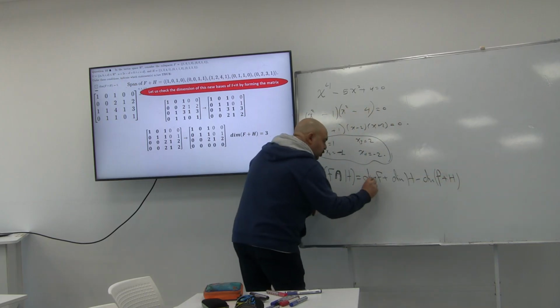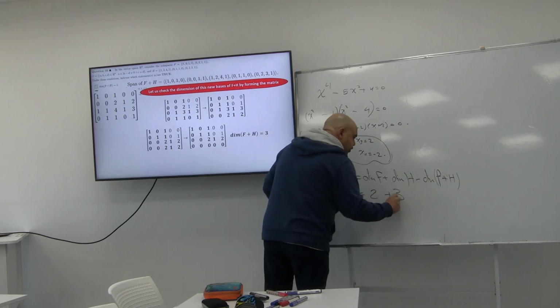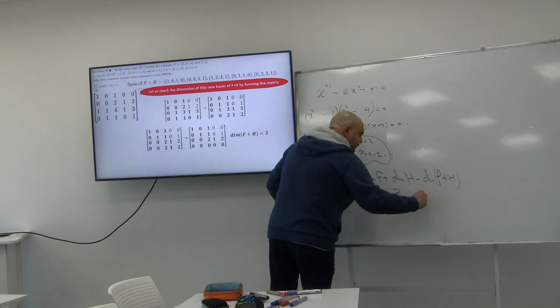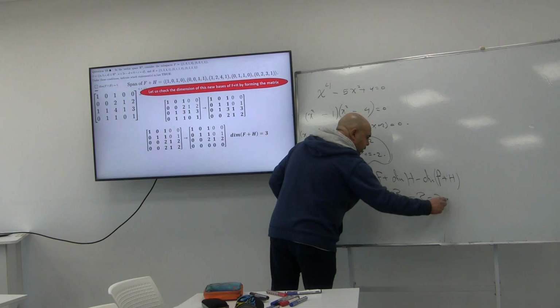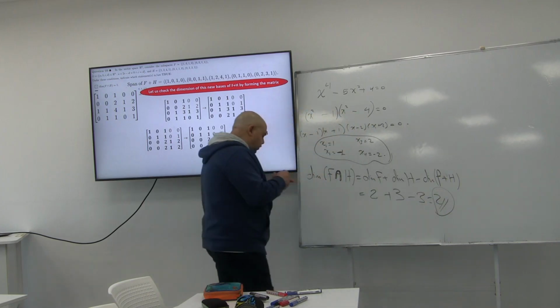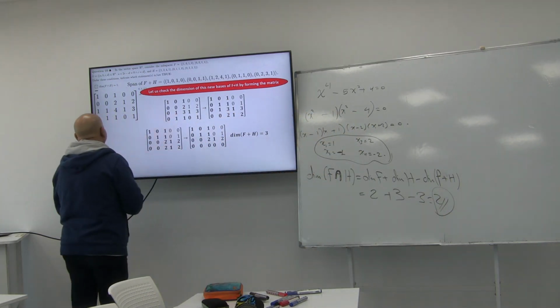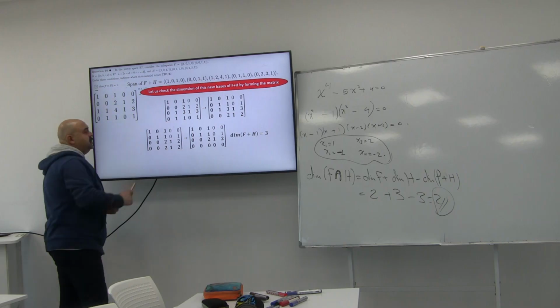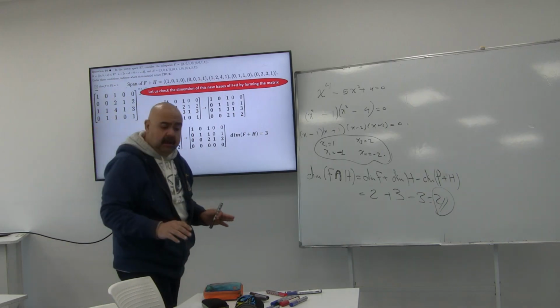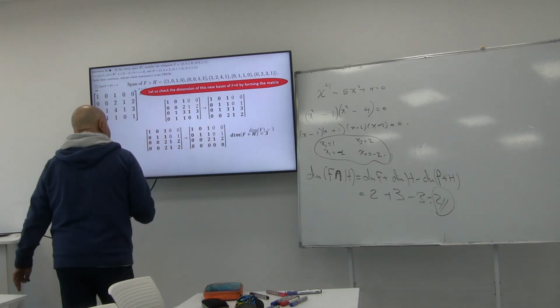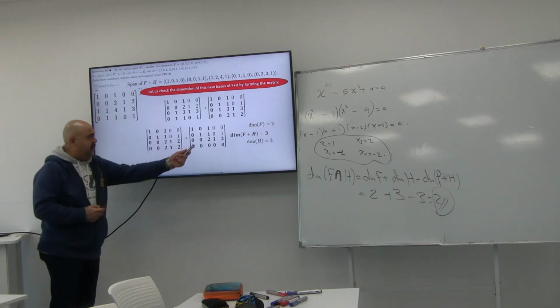So the dimension of f is 2, the dimension of h is 3, the dimension of f plus h is 3, so you will end up having 2. This is the intersection. So this gives us that the first question is not correct. Here are the values.